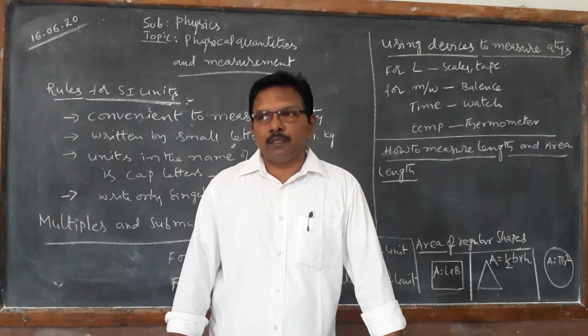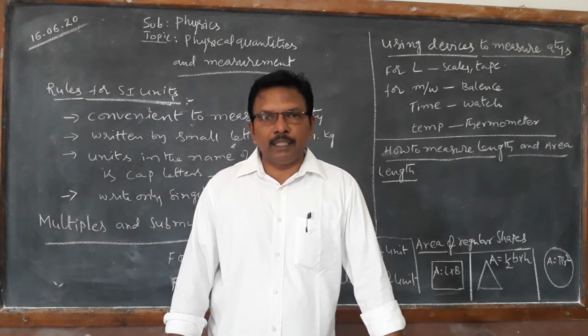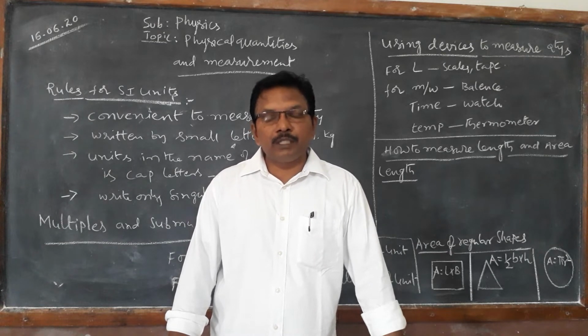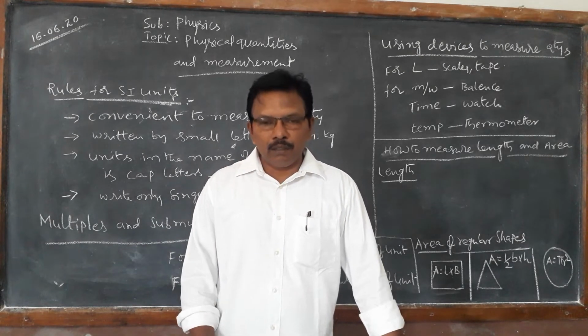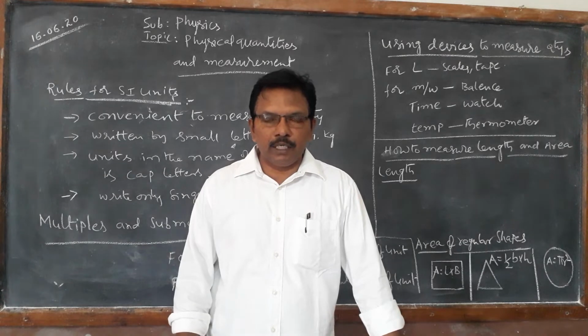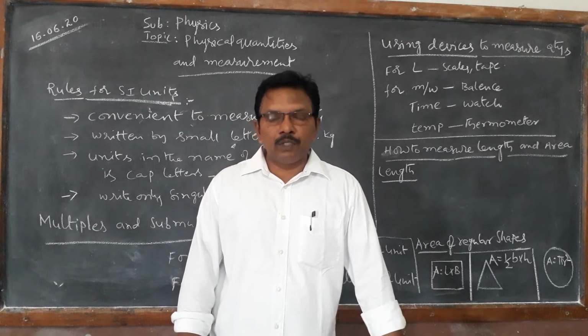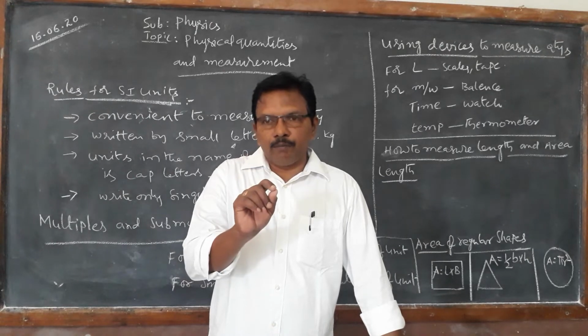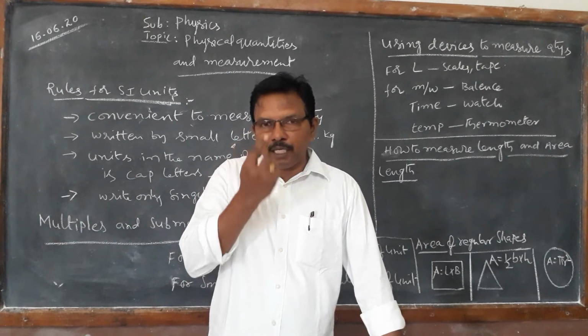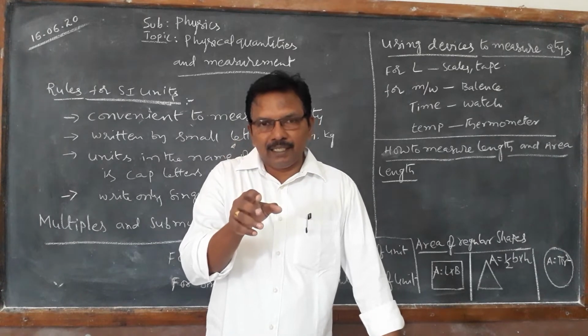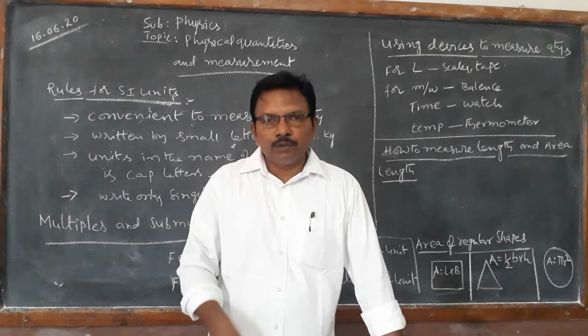Some precautions when you are going to measure the length. We should see the readings strictly at that number, at the place where we are placing it, with our eyes straight to that end.